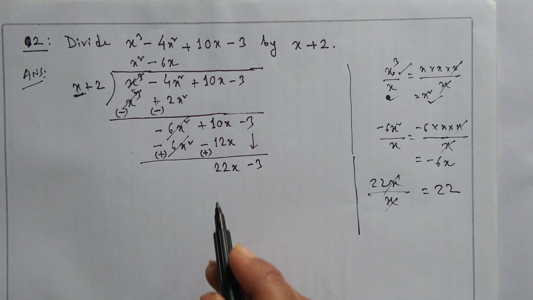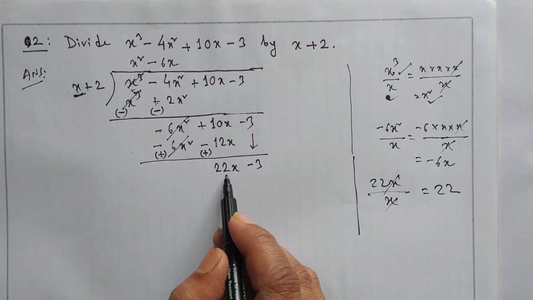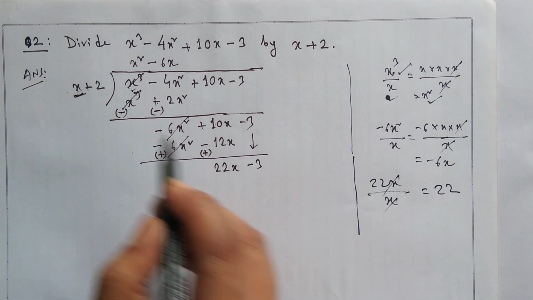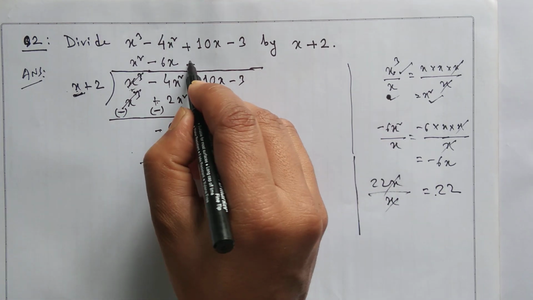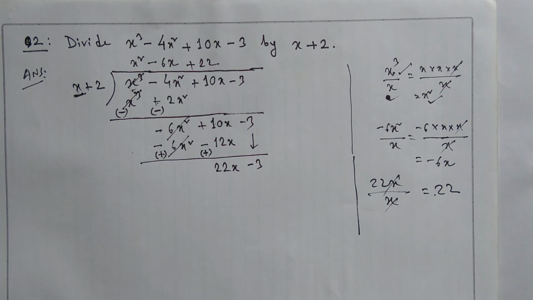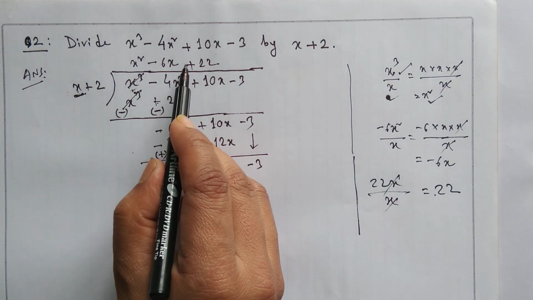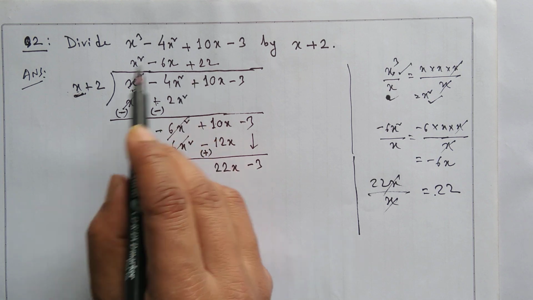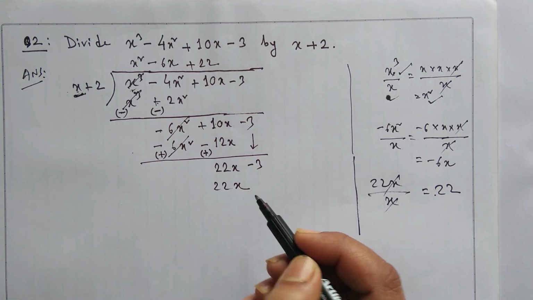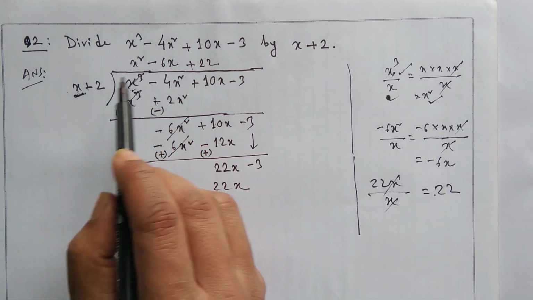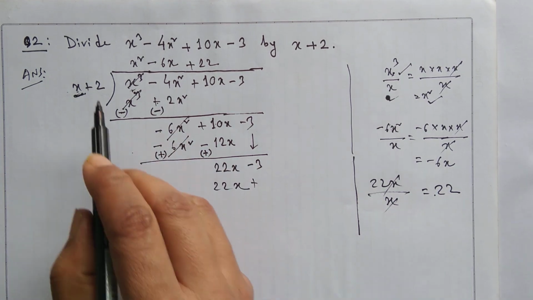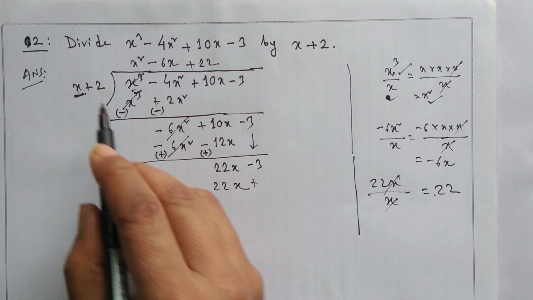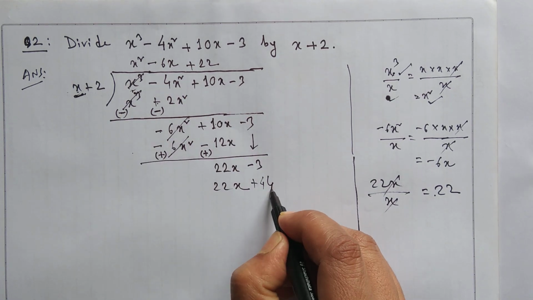That means when you divide 22x by x, it goes 22 times, and with no sign it means plus 22 times. Here plus, here also plus, plus plus plus, 22 into x is 22x. Then 22 should also be multiplied with 2: plus plus plus, 22 into 2 is 44.